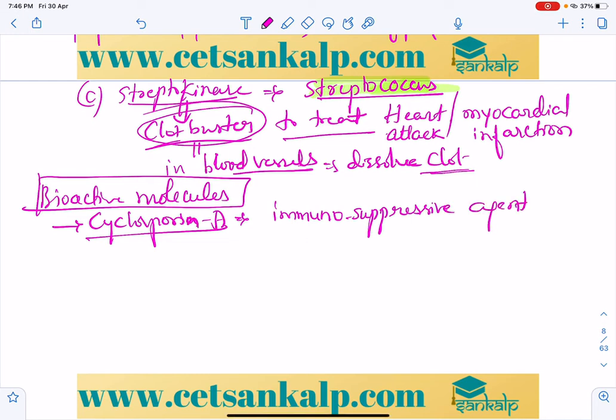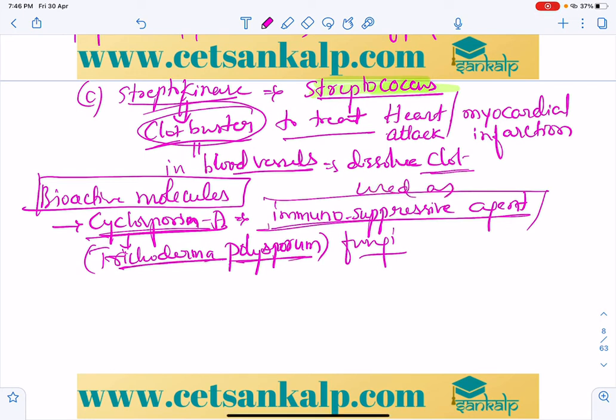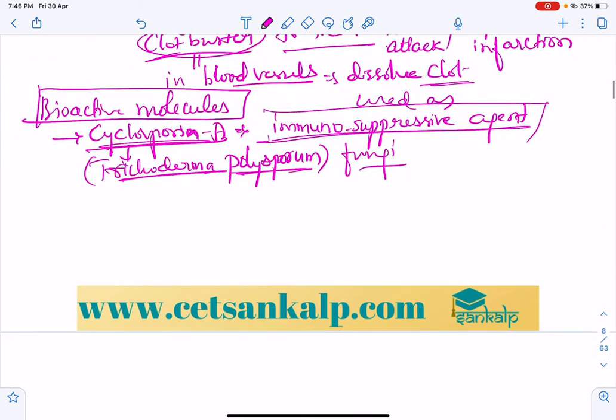That is very important. It is obtained from Trichoderma polysporum, which is a fungus. Direct question: cyclosporin A is used as an immunosuppressive agent, mainly during organ transplantation.